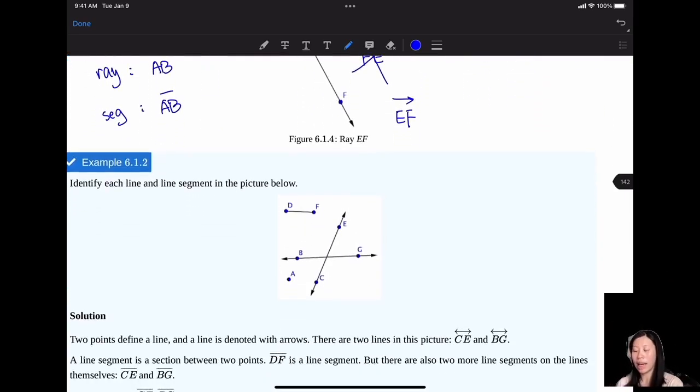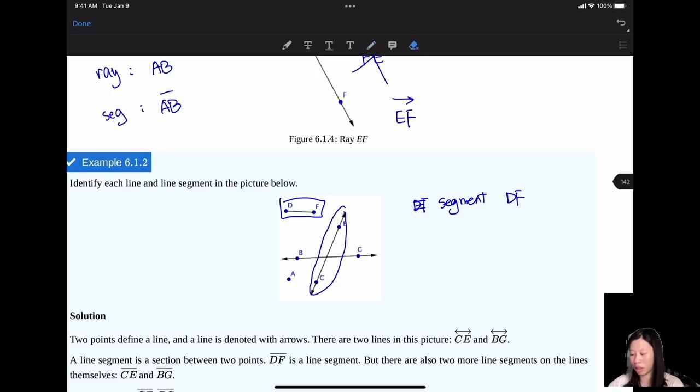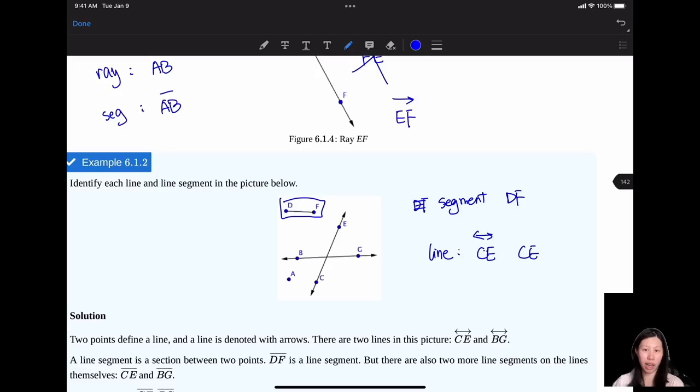Okay, so now identify each line and segment in this picture below. So in here, DF, this doesn't have an arrow, right? So that means this is a segment, DF. And then now look at this one, what is it? With two arrows, so this is a line. Line CE, with two arrows, or you can write it as CE.